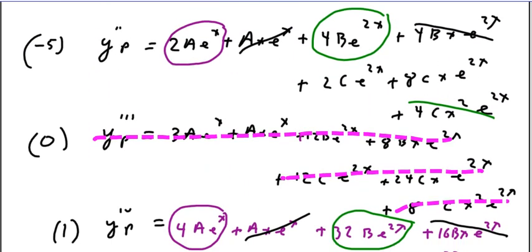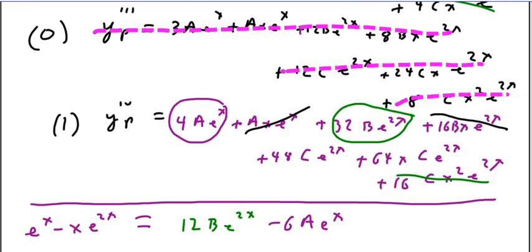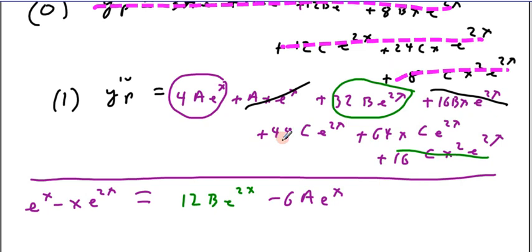Okay, I've got a minus 10c, and I have a 48c. So that's going to be plus 38c e to the 2x. I'm going to circle those guys so I don't deal with them anymore.